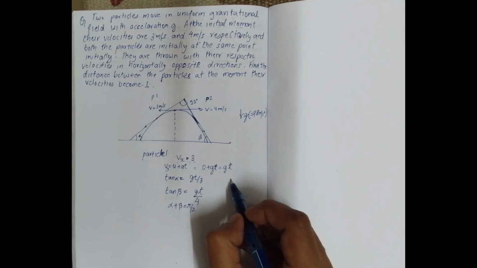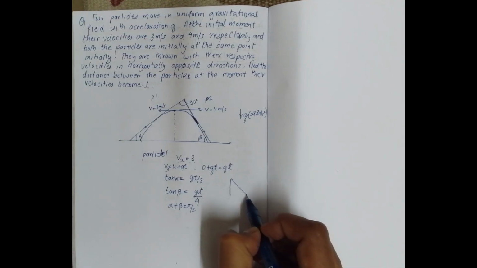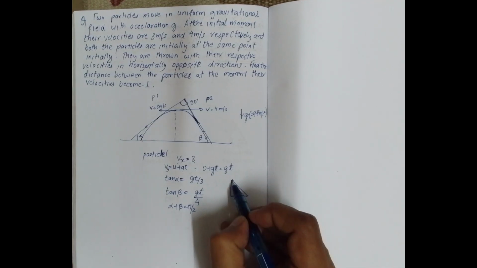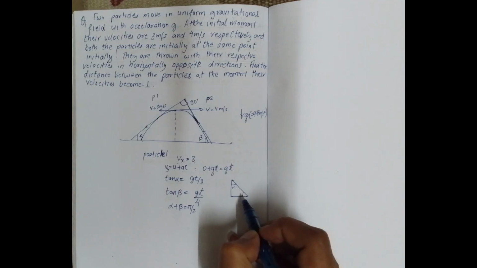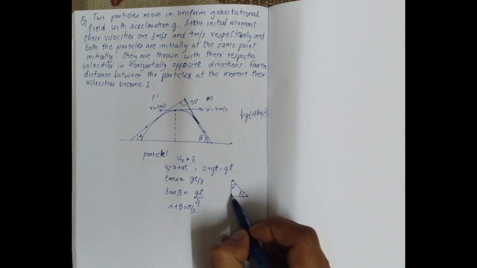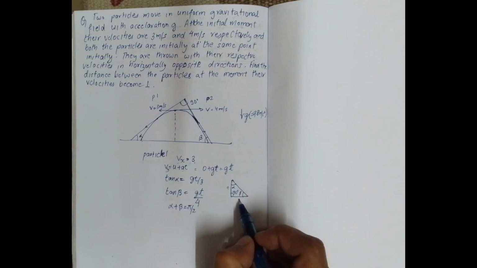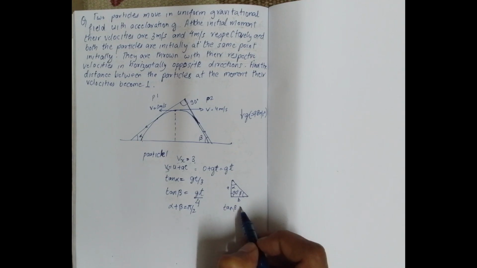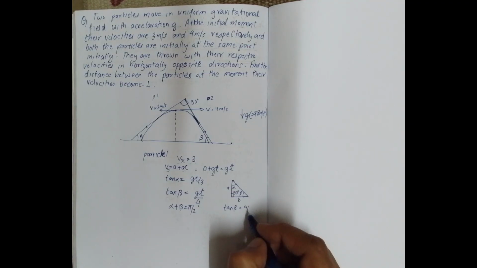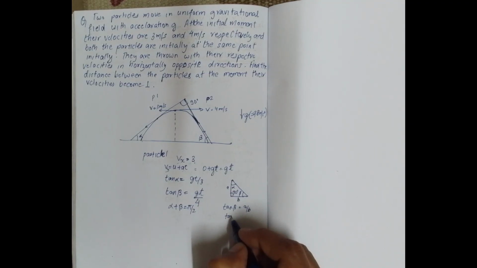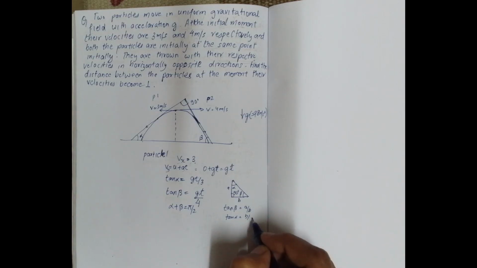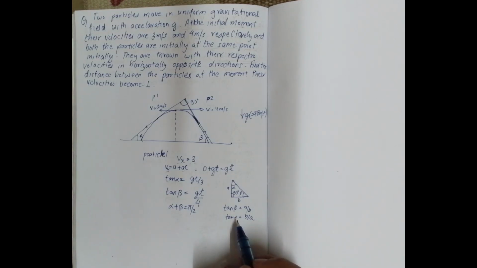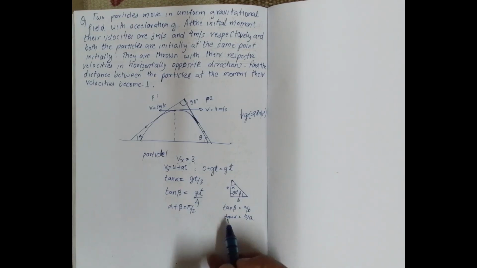Now suppose there is a right angle triangle, this is alpha, this is beta, this is 90, this is A, this is B. So tan beta is equal to A by B, tan alpha is equal to B by A. So tan beta is equal to 1 by tan alpha, right?